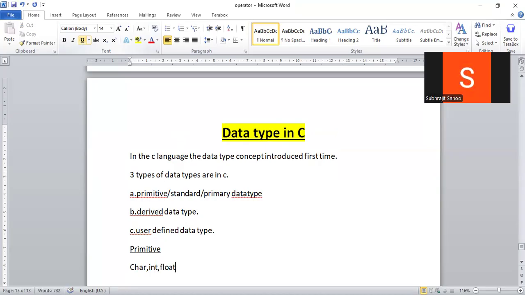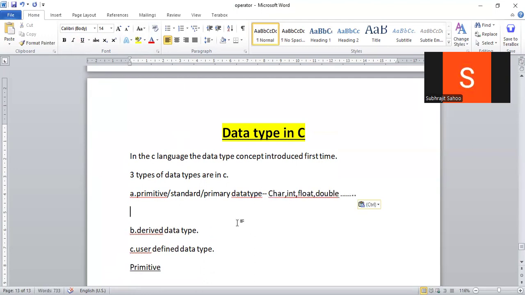Float, double, like this. Some data types are there in the primitive. In derived data types, there are pointer, array, right? Here I will write better examples, then I will explain these primitive data types.